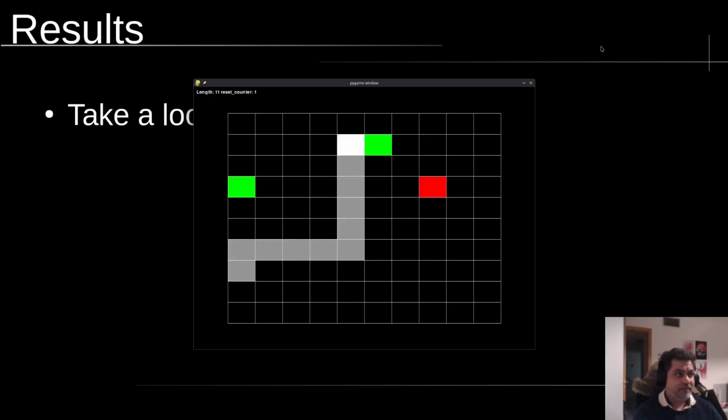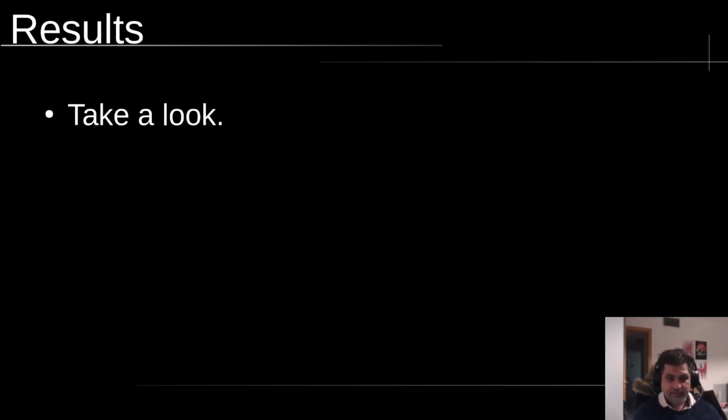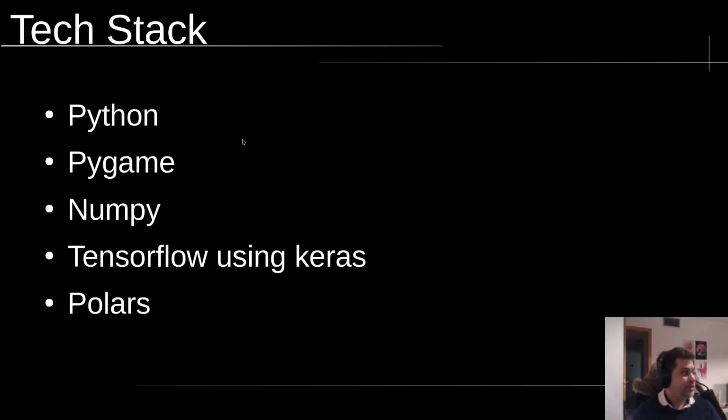Here, let's close this, and that's it. What did I do to do that? I used Python for the whole game. I used Pygame to do the small game based on squares.